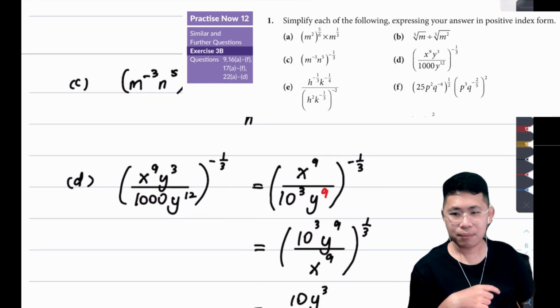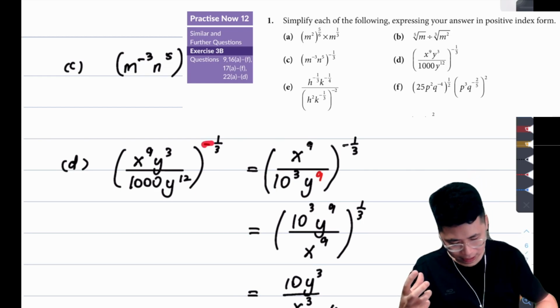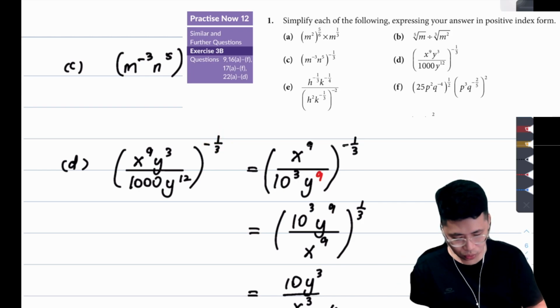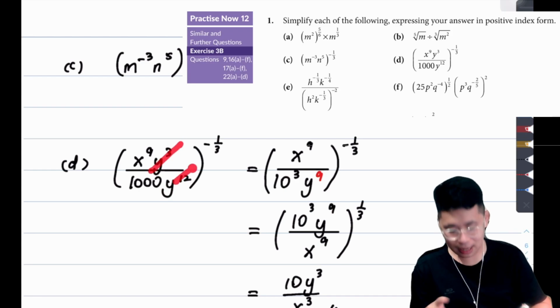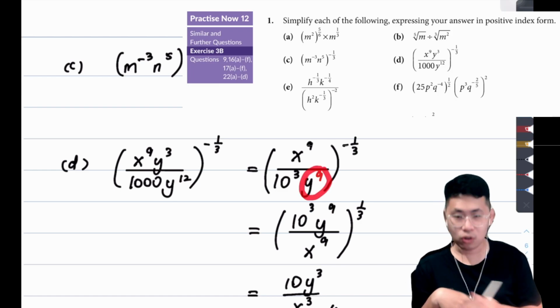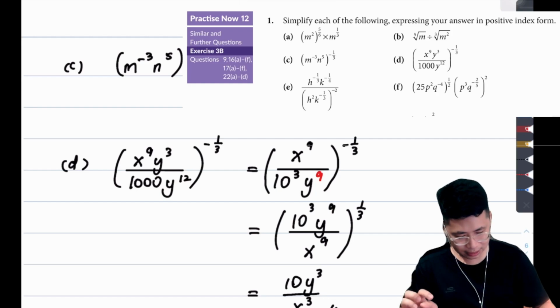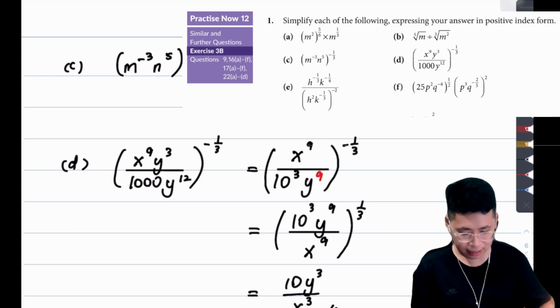Part D, same thing, everything inside, but we have a power negative 1/3 on the outside. So what do we do? I will need to settle my y cube and also y power negative 12 first. Technically speaking, I can cancel them out, so I have a y power 9 below. Next, I will need to settle the negative. I think I make my life easier by settling the negative first.